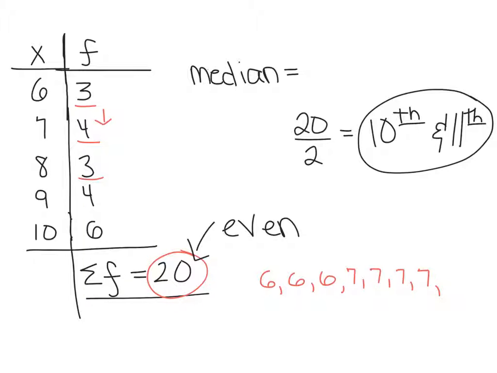Next, we have 3 8s. So 8, 8, and 8. And then we would just continue this as 4 9s and 6 10s.